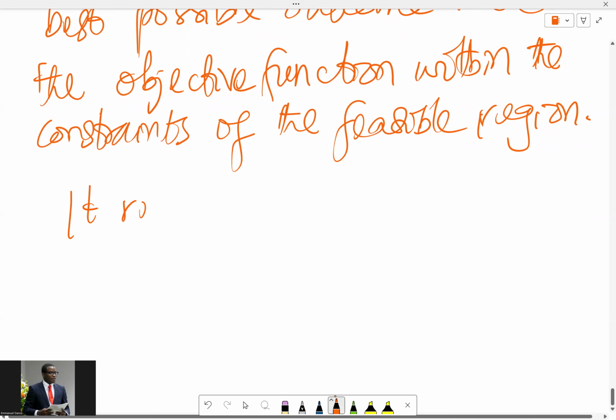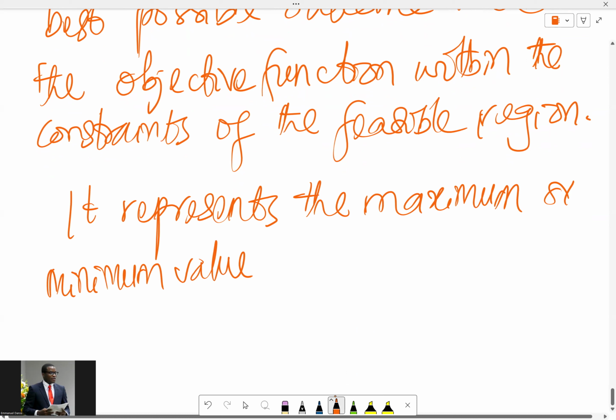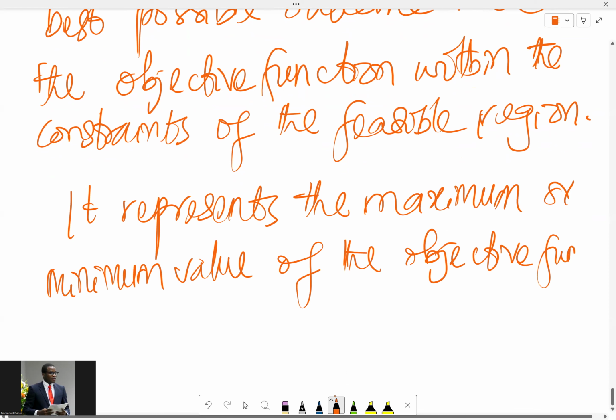So it represents the maximum or minimum value of the objective function.